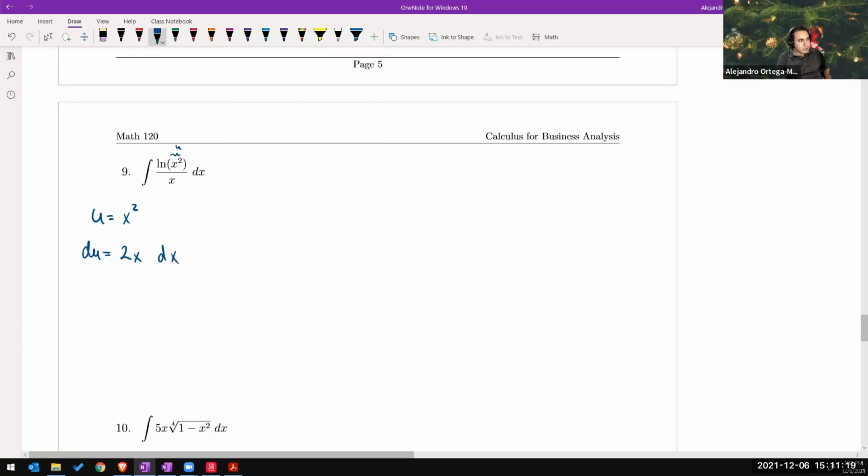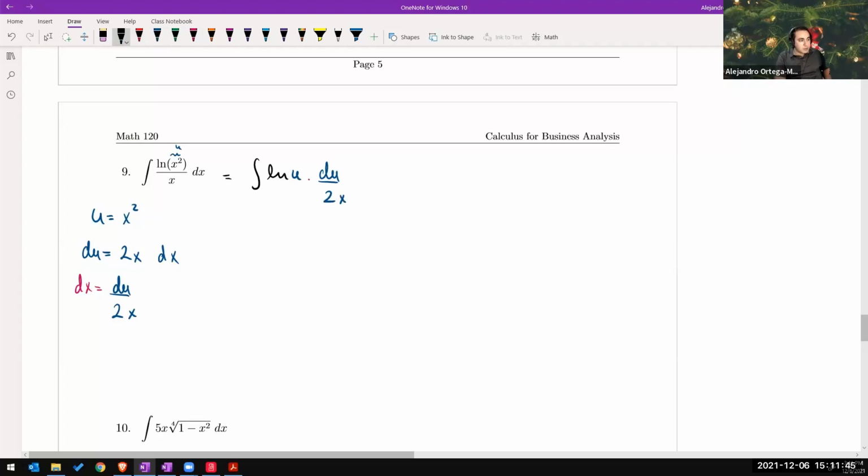Because if I solve for dx, then I'll get a du over 2x. So if I try to simplify it here, I have the integral of the ln of u. We substitute in the dx, which is du over 2x.